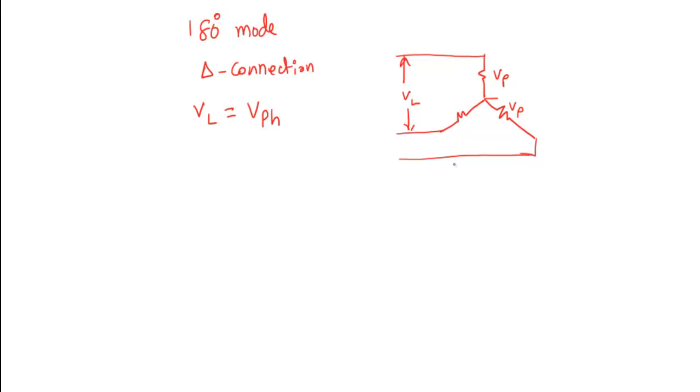Now if you rearrange the same thing as a delta, look at that, the phase voltage is the same as the line voltage. But in case of star, this is the line voltage and this is the phase voltage. Now you can see the star line and delta line are the same. We need to remember here: line voltage in star connection and line voltage in delta connection are the same.